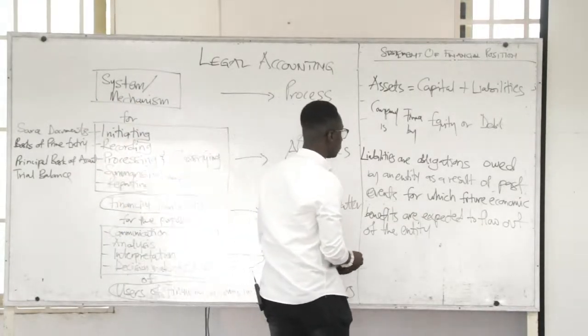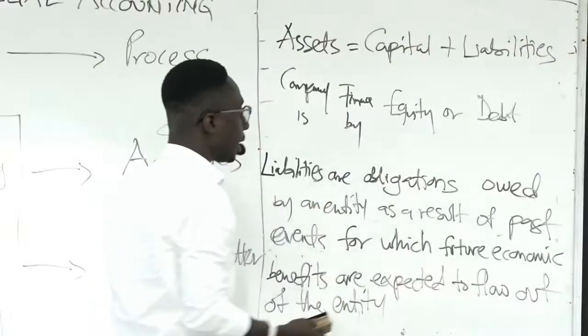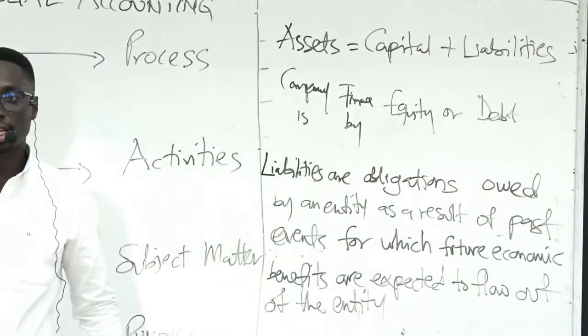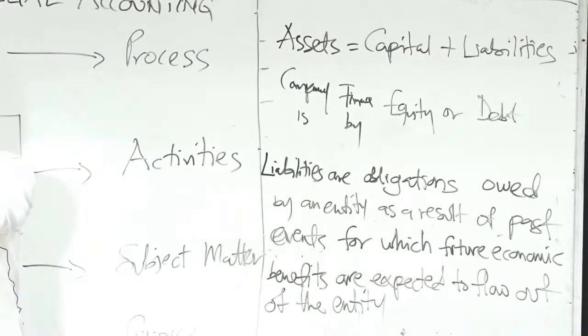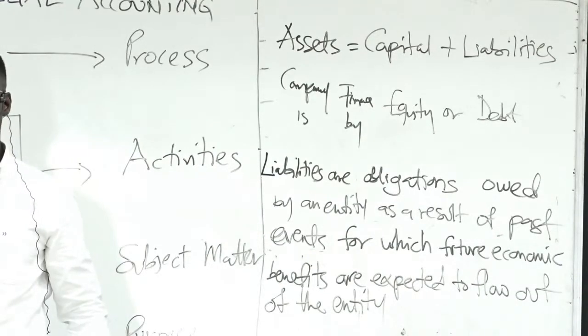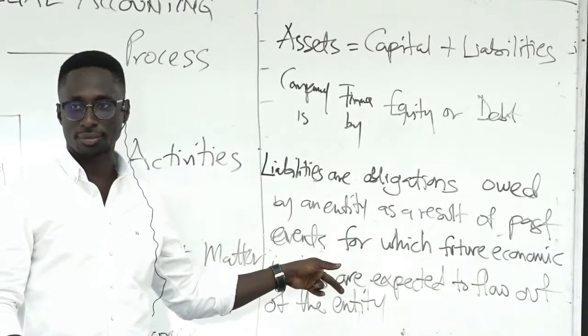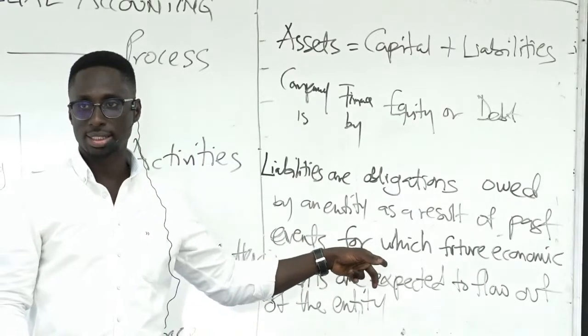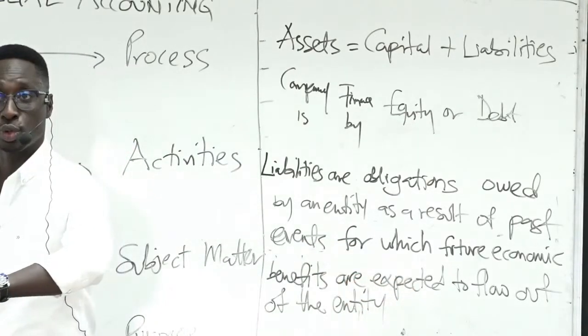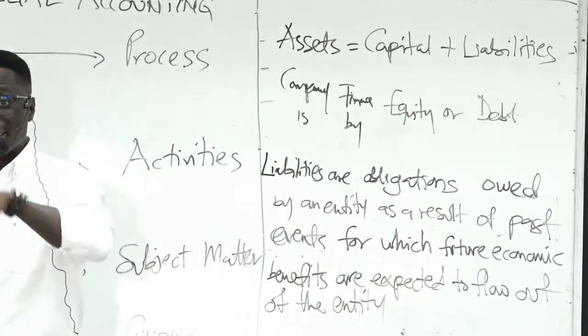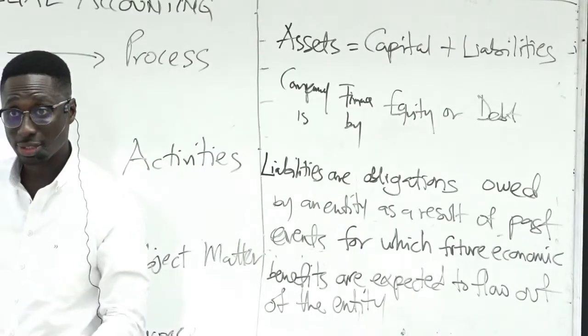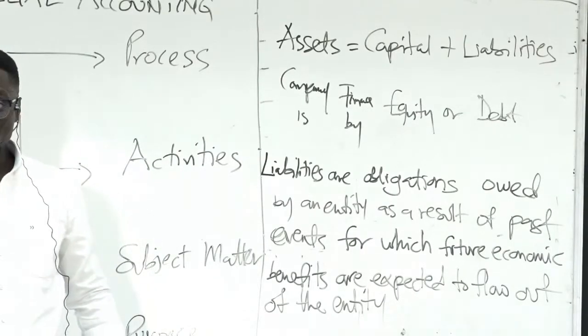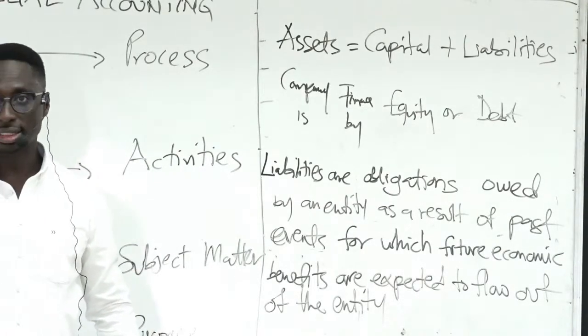Yes, owed back, for which future economic benefit will flow out. So the benefit is for the entity. Exactly. So that's what it is. That you consider the benefits. But this same space, it is rent and future economic benefit will be flowing out as the same subject matter.